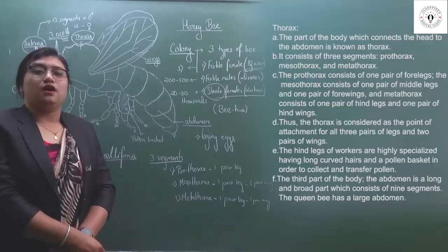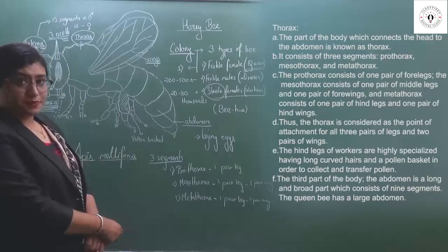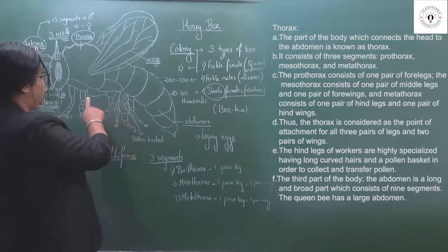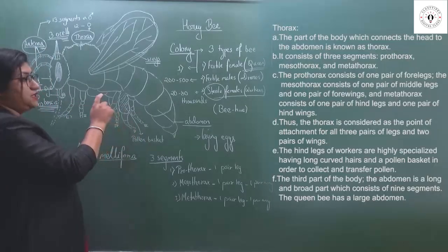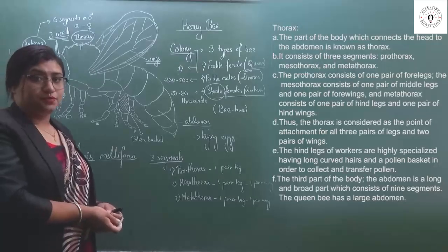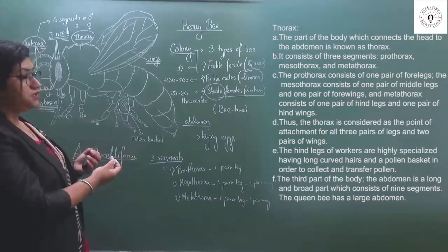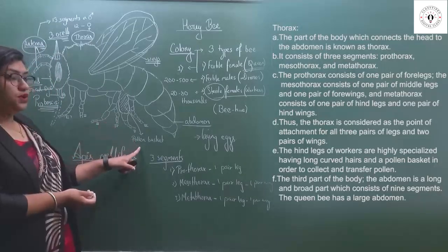The hind leg of the worker bee is highly specialized, and it has got chains. Have a look at this. These are very small, whereas the hind leg is one of the most specialized portions. That means it is bigger than the others, and it consists of the pollen basket.